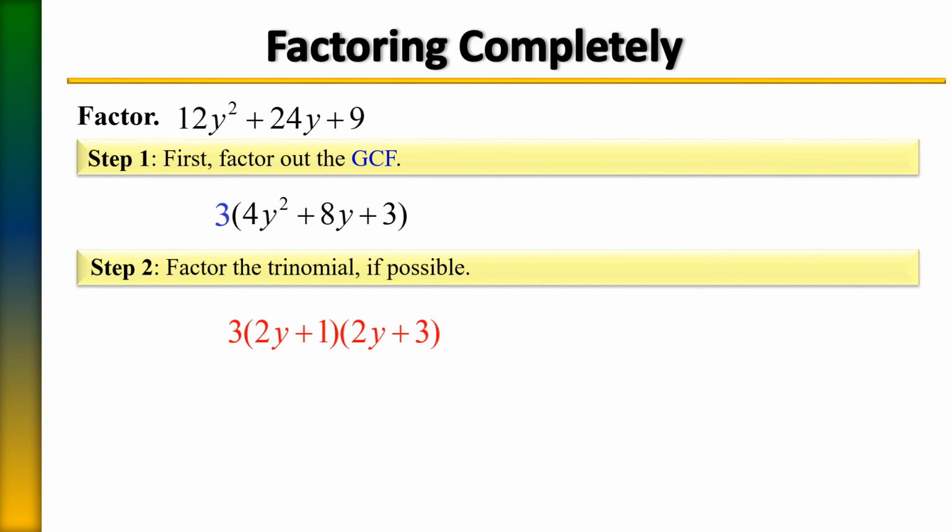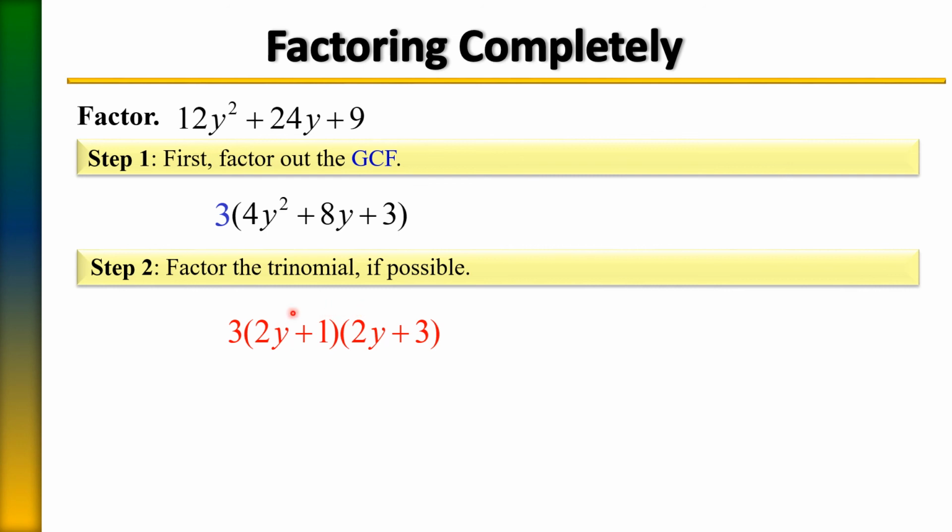And when we factor that, we can check here our outer and inner and see if it equals our middle term of 8y. So outer, 2y times 3 equals 6y. 1 times 2y is 2y.